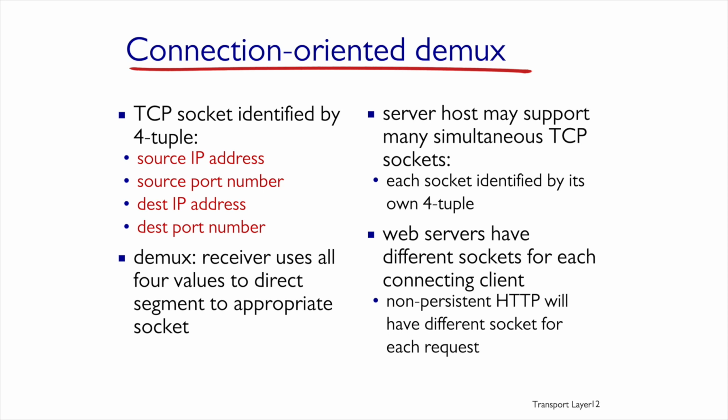Now, to do demultiplexing right, we will use all four values. The same server can support several TCP sockets, and every socket, as we said, is defined by the quartet. For example, web servers have different sockets for each client trying to reach them. And in the case of non-persistent HTTP, there will be a separate socket open for each request.